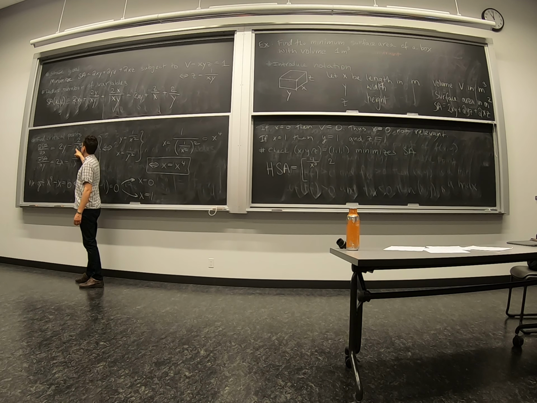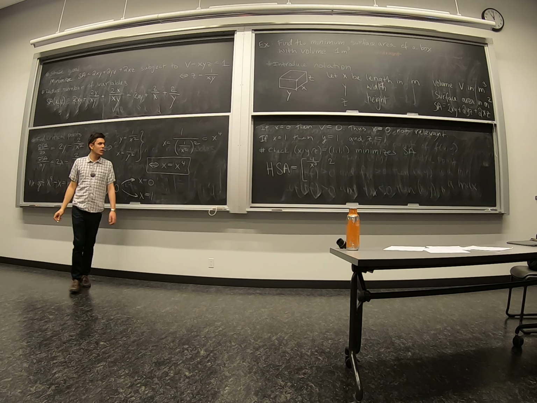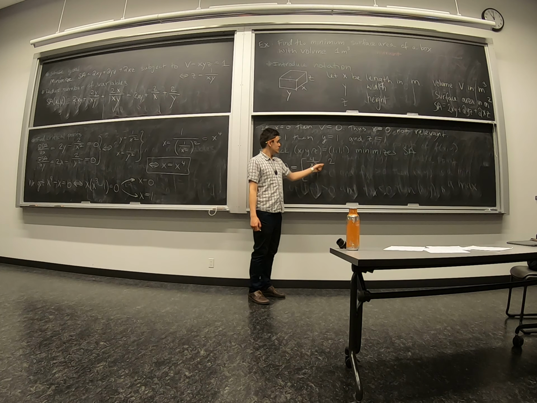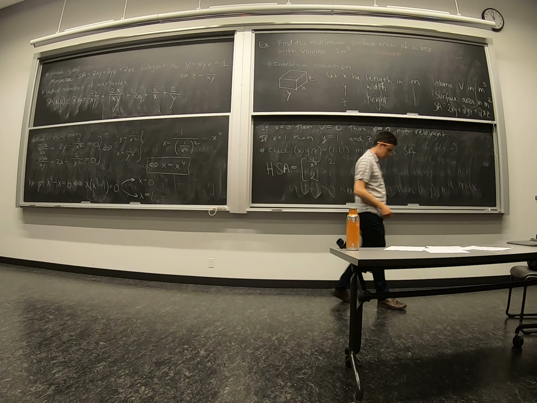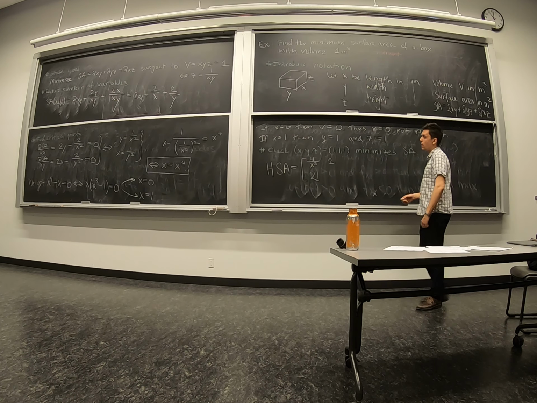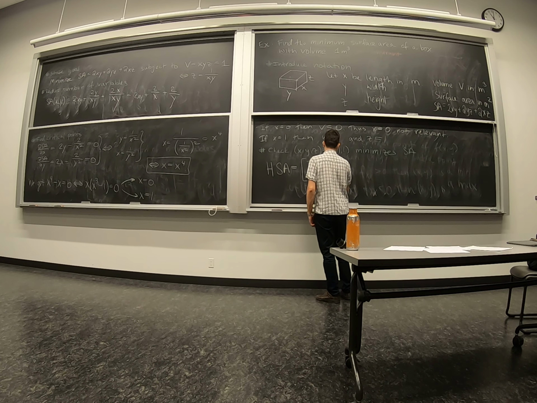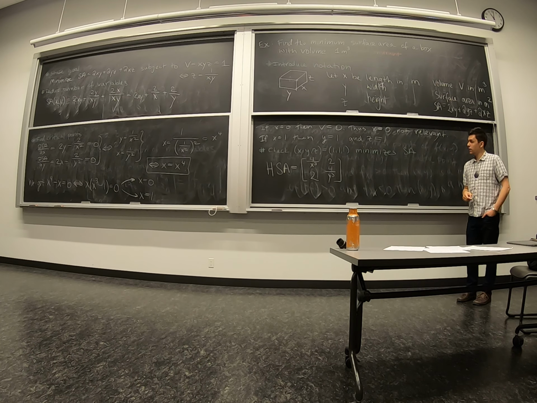Derivative of this guy in x will give us 4 over x cubed. Derivative of this guy in y will give us 2. Clairaut tells us that we can copy this 2 to here. Okay. And then we get 4 over y cubed. Okay. So far, so good.